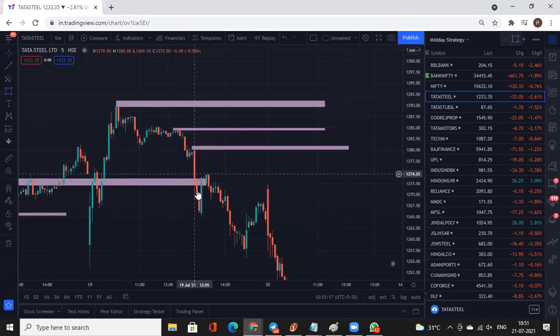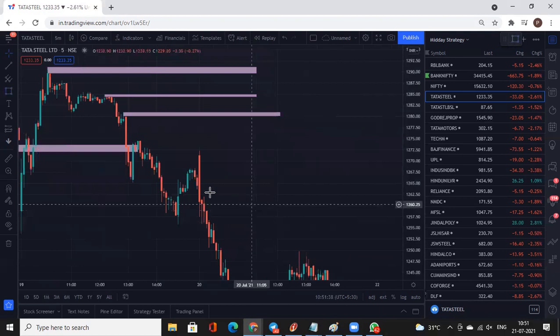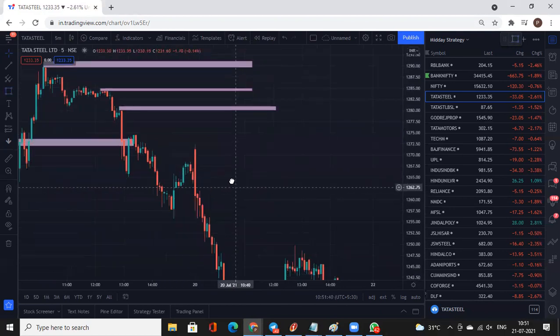There is a series of lows, but this is not considered to be a reversal. A reversal should not be below this candle. So let's see, it is going up and then coming down. This is also not okay, so I'm not going to consider this.